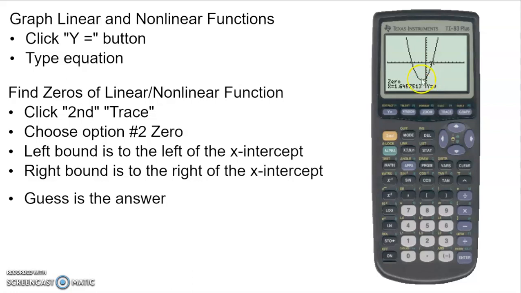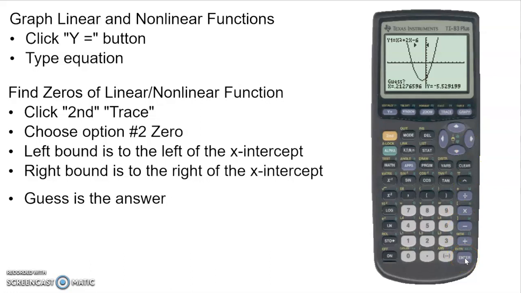One last thing: the parabola has a minimum, a low point. If we want to find out what that minimum would be, again, I would hit second, trace. Minimum would be number 3. I would just have to go left bound, which means go to the left of the vertex, or the low point. Hit enter. Right bound means go to the right of the vertex, or the low point.